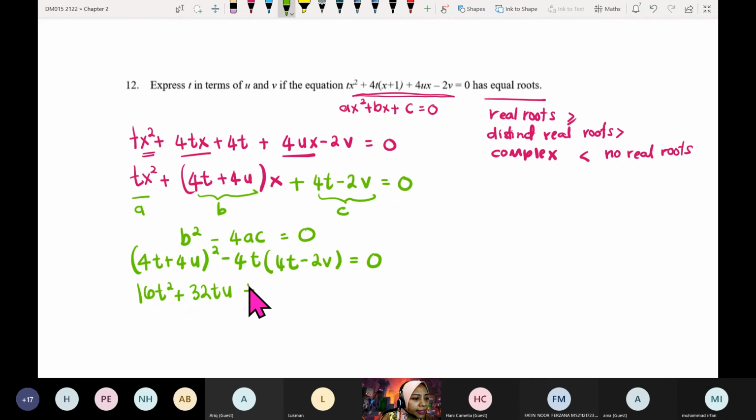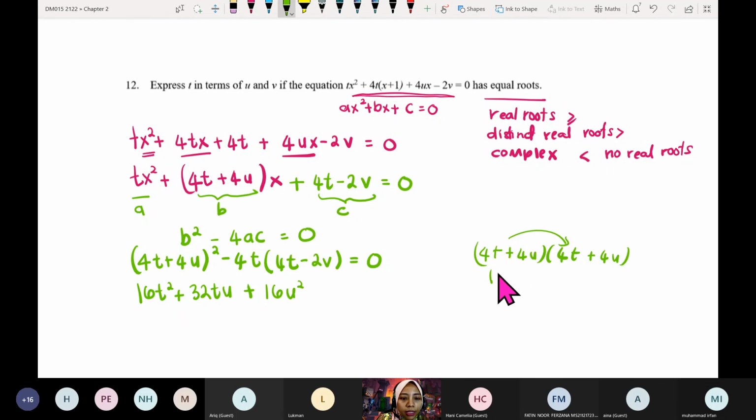Okay, ni quadratic ni. Mesti ada 3 term. Okay, so 4U square. So 4 square adalah 16U square. Okay, kita check adakah kita membuat jalan kerja yang betul: plus 4U times 4U. You all check.